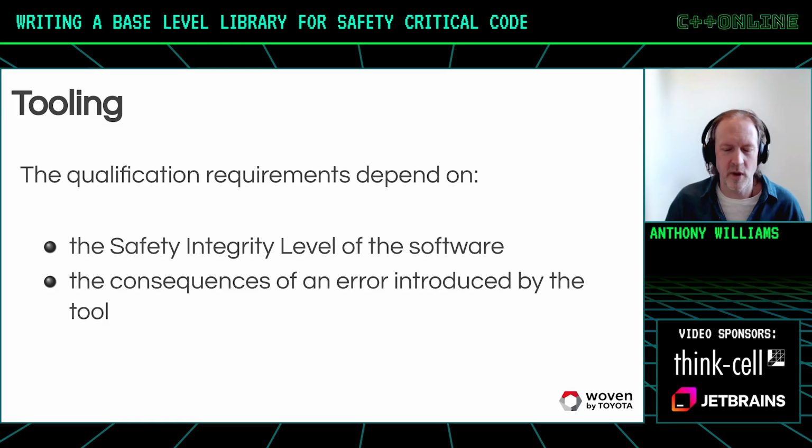But if you're running your unit tests and the testing tools get it wrong, and tell you that a test passed when it failed, then that obviously means that you don't know that the code you've written is actually behaving correctly, and that can be a problem. So you do need to qualify your unit testing tools as well.